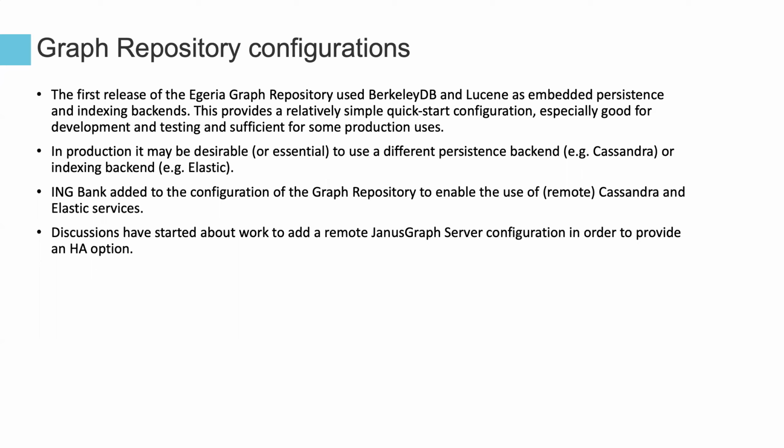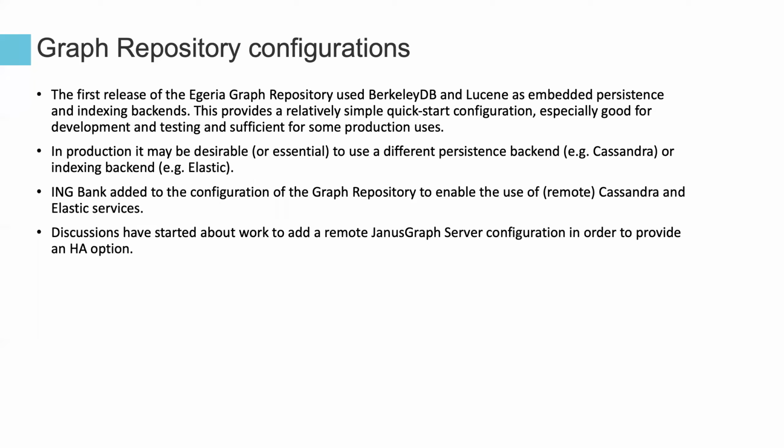So these are managed services, and they hook their Egeria graph repository onto those. So they did a really nice job of adding to the Egeria configuration, the graph configuration, to enable that. It would also be possible to use Solr, obviously, and to use alternative backends. I won't bother to list all the ones that you can use with Janus Graph.